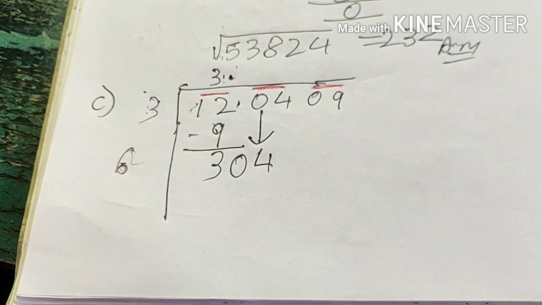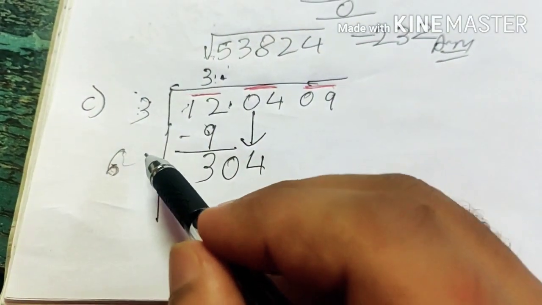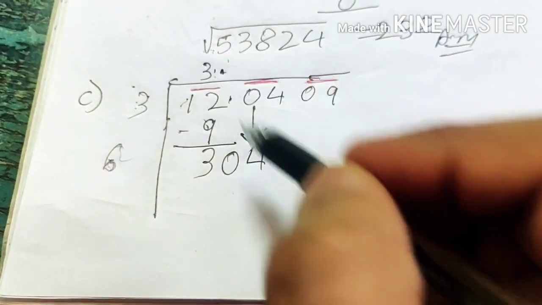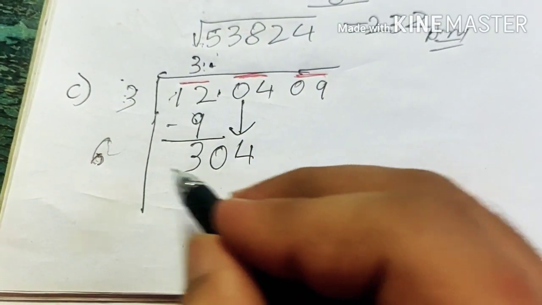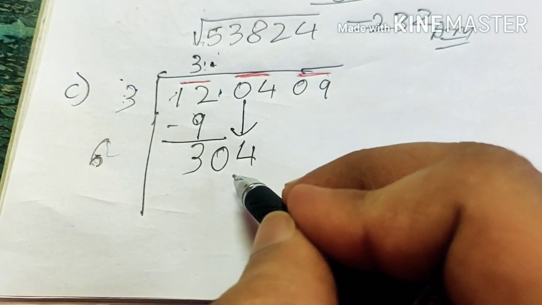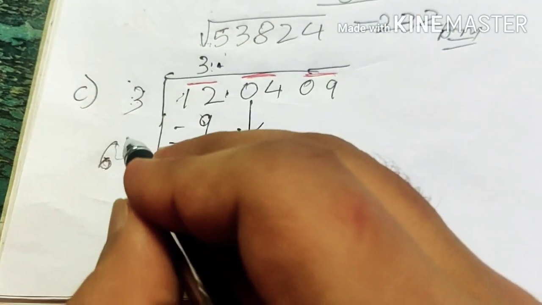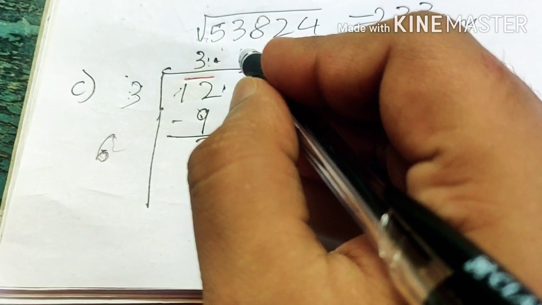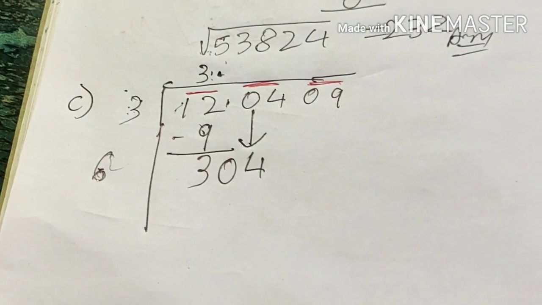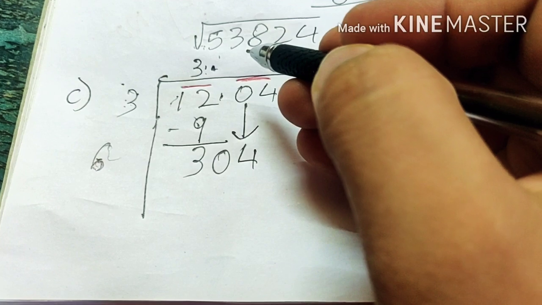Okay, so now what will we do? We will find: 6 zeros are 60, 6 ones are 61, 62 twos are 104, 63 threes are 189, 64 fours are 256, 65 fives are 325.